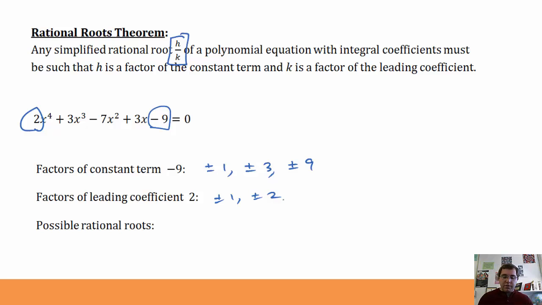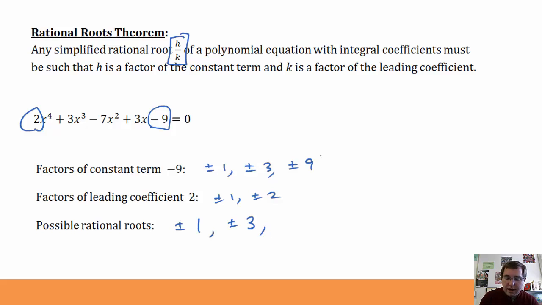So what are the possible rational roots? Well, those are the fractions that I form by taking the factors of negative 9 divided by the factors of 2. I could take 1 divided by 1 and get plus or minus 1. I could take the factors of 3 and divide them by factors of 1 and get plus or minus 3.